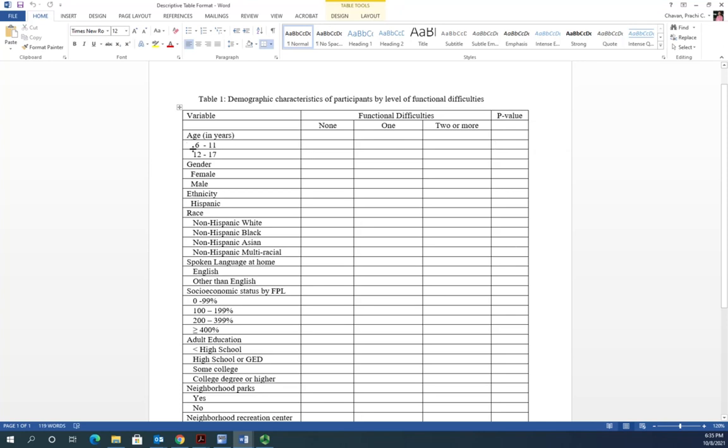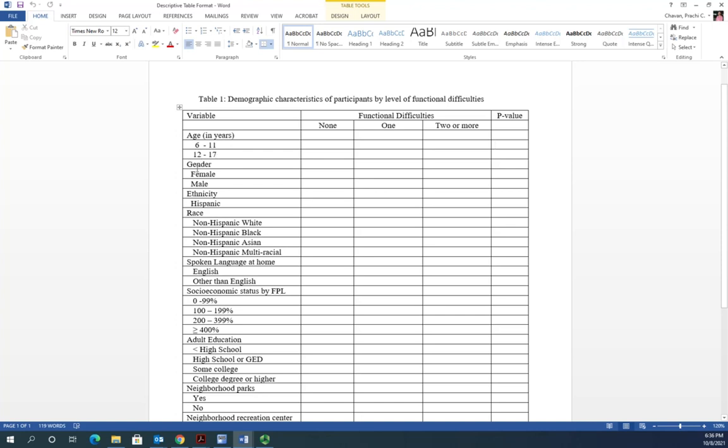So in here you will see that I have not included age group less than 5 years old, because as we discussed in the previous video, based on the research question, that was the exclusion criteria, children less than 5 years of age. So I am including age as a categorical variable, 6 to 11 years and 12 to 17 years.